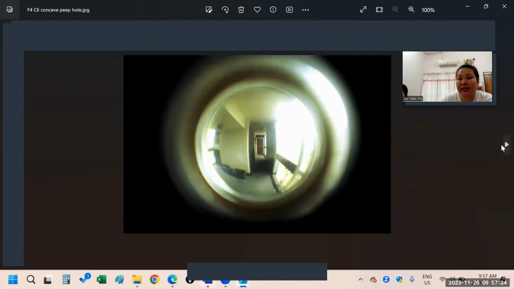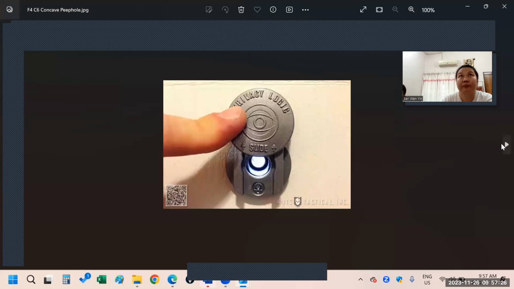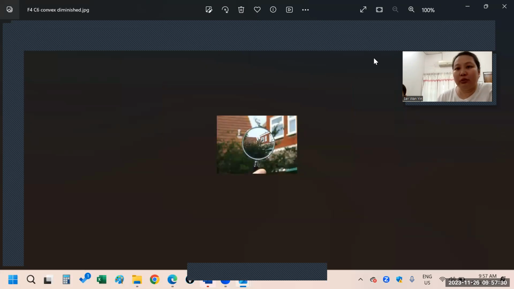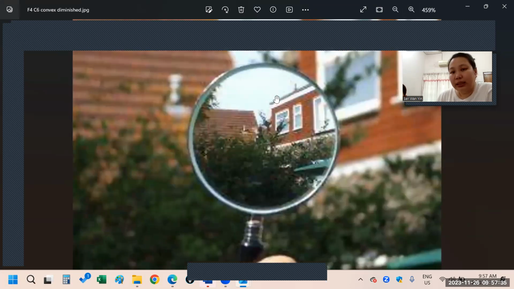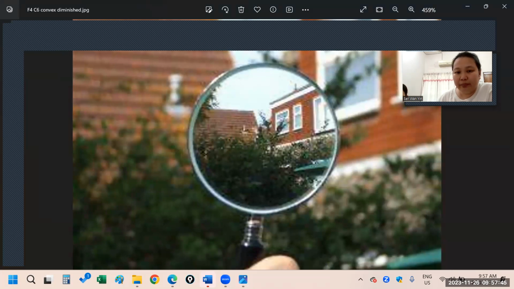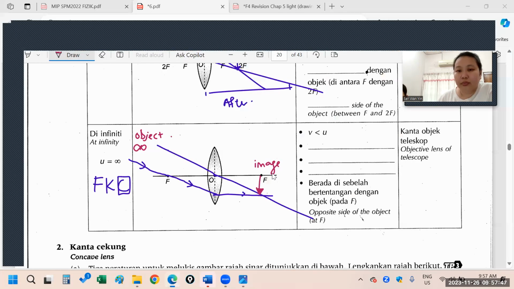You can see a wider field of view. This is magnifying glasses. This is image formed on the focal point. It will be diminished, but very clear. Okay, so now this one is, the image is diminished.